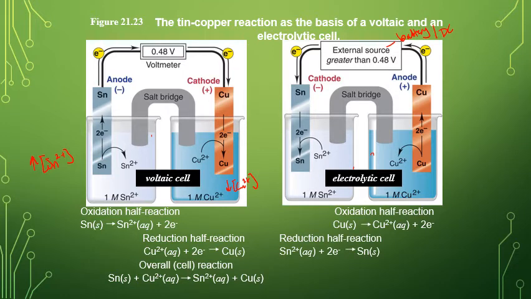The reduction half reaction has Sn2+ plus 2 electrons forming Sn as a solid. That gives us an overall reaction of Sn2+ plus Cu forming Sn as a solid and Cu2+ ions. You'll notice it's the exact opposite process that we had from the voltaic cell for that particular reaction.